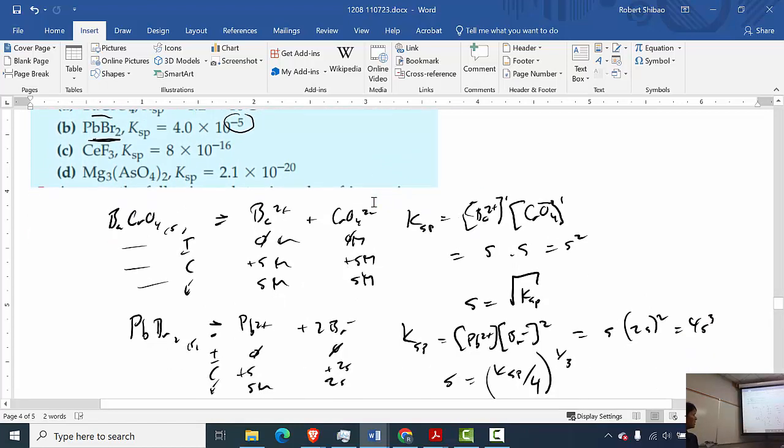Now we compare the two numbers. The first one was 1.2 times 10 to the minus 10. So the square root of that is going to be about 10 to the minus 5 solubility here. And the second one is about 10 to the minus 5. So actually, let's go ahead and calculate the solubility.